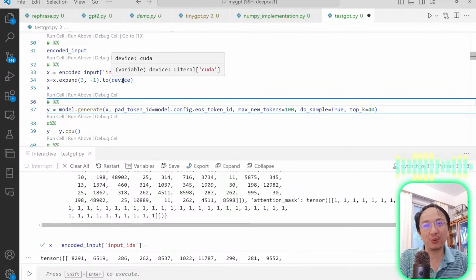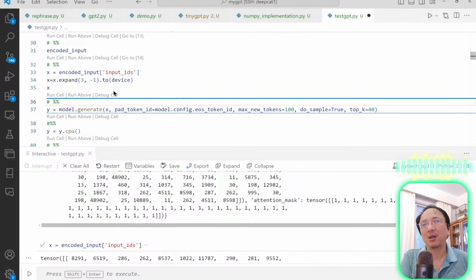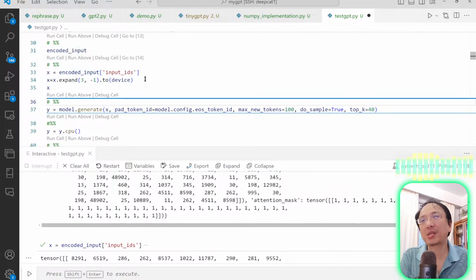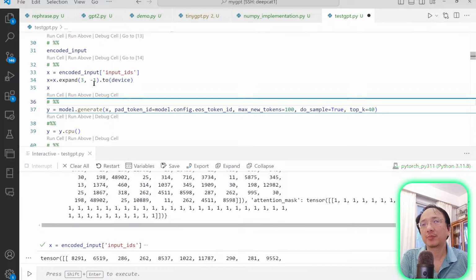I probably should do it right here to translate the index back to the word. But instead, I will do that later, definitely. Here we just put it into a batch, so that we can get 3 different results.